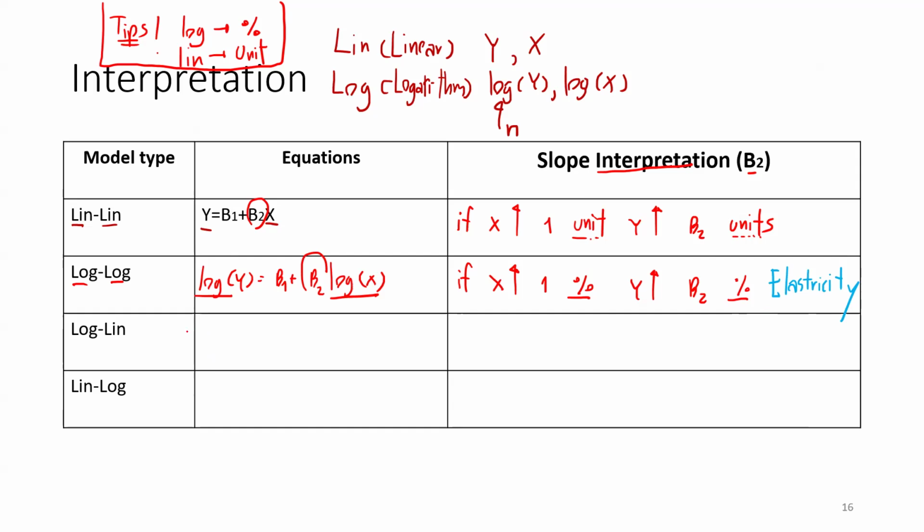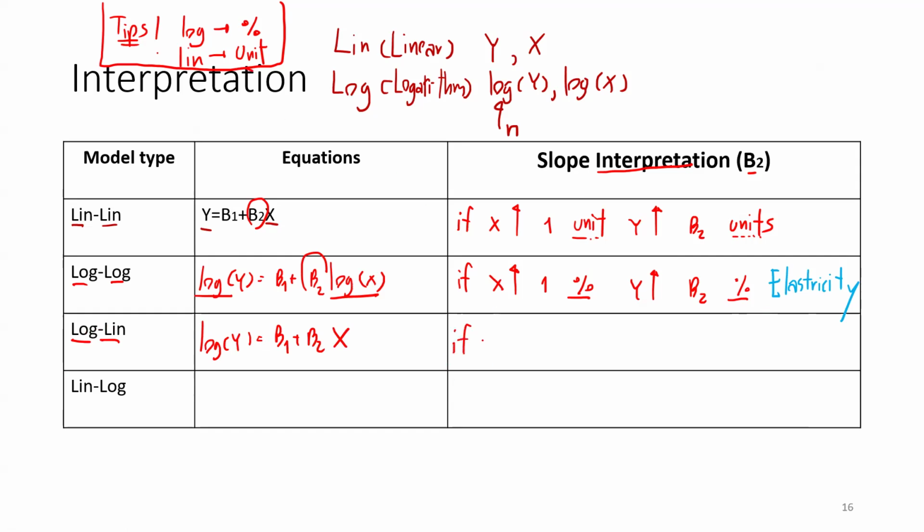Then log linear. Log linear means on the left is log y, but on the right is x, because it's linear. So linear you have to interpret as unit.